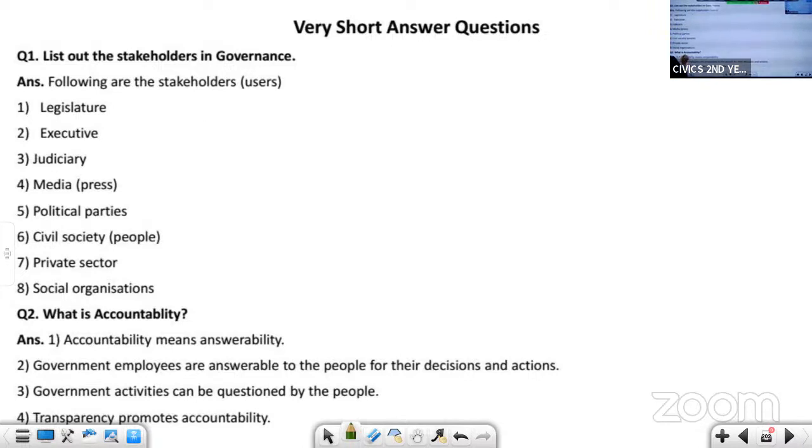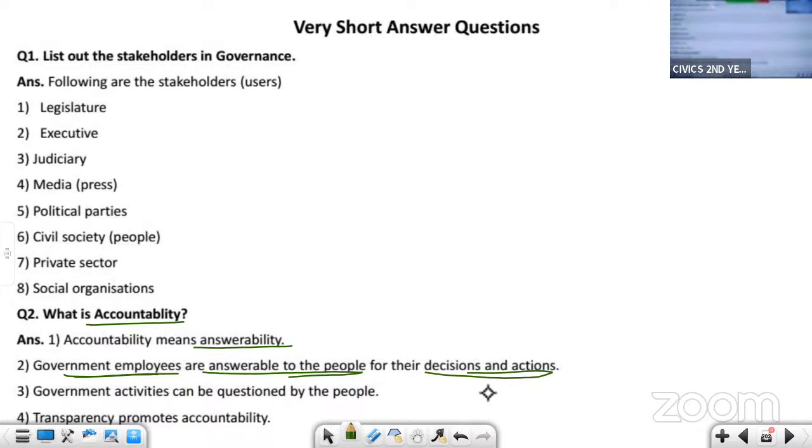Then what is accountability? Accountability means answerability. So here, the government employees, or the government in general, are answerable to the people for their decisions and actions. Whatever they are doing, they are answerable to the people.